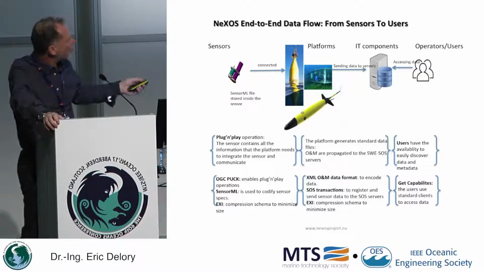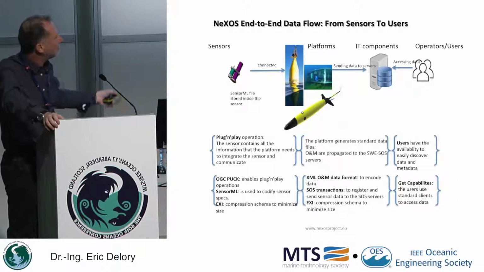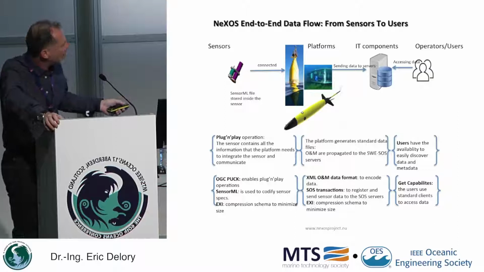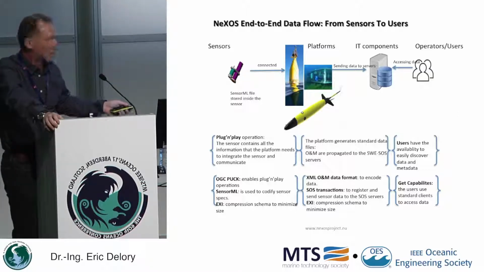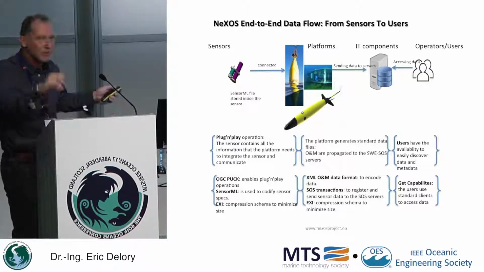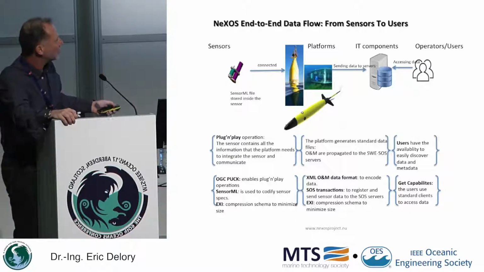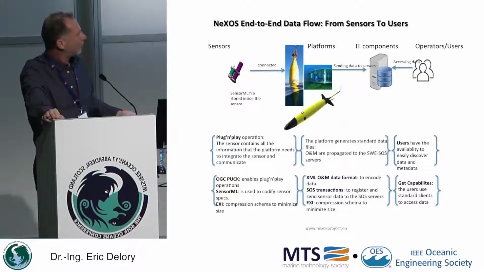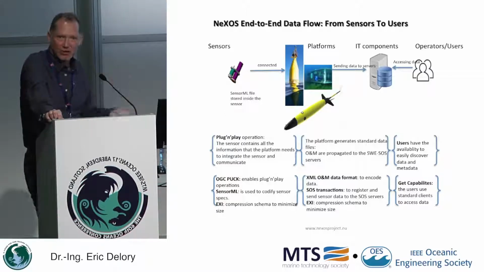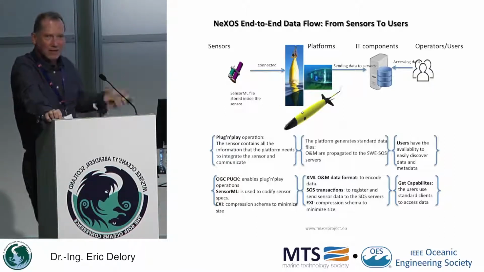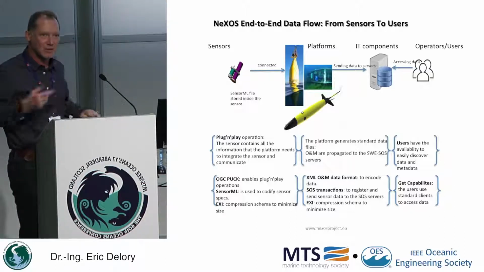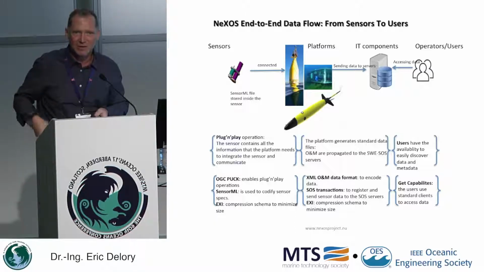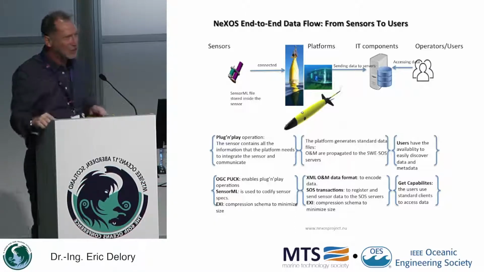Some of the projects work more on the operator IT component, which is closer to the user. In Nexus, we've decided to go even deeper, into interoperability exploration and demonstration, which is to have the sensor fully informed and equipped with that driver in a standard format so that you can swap sensors and reduce the cost of integration each time you want to add a sensor to a platform, which generally is very costly.